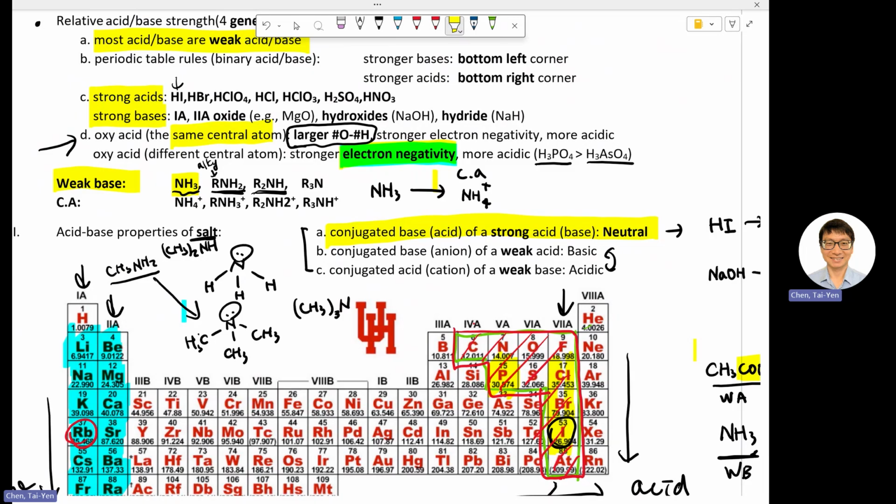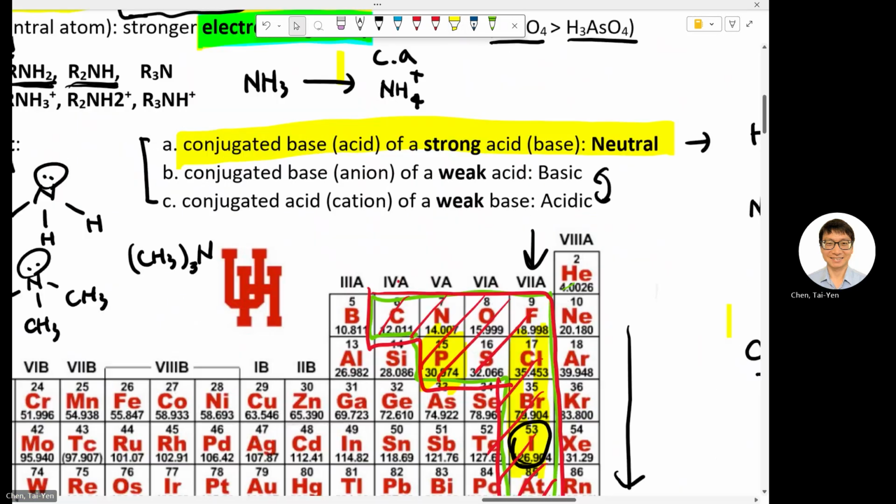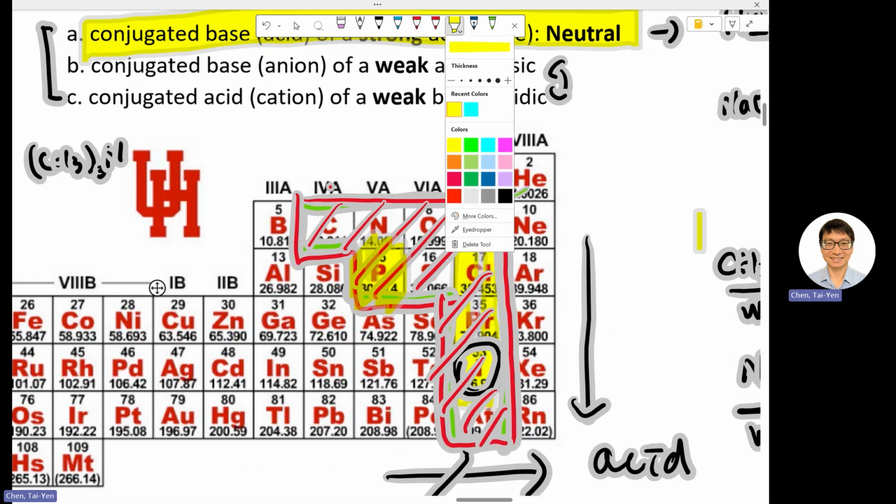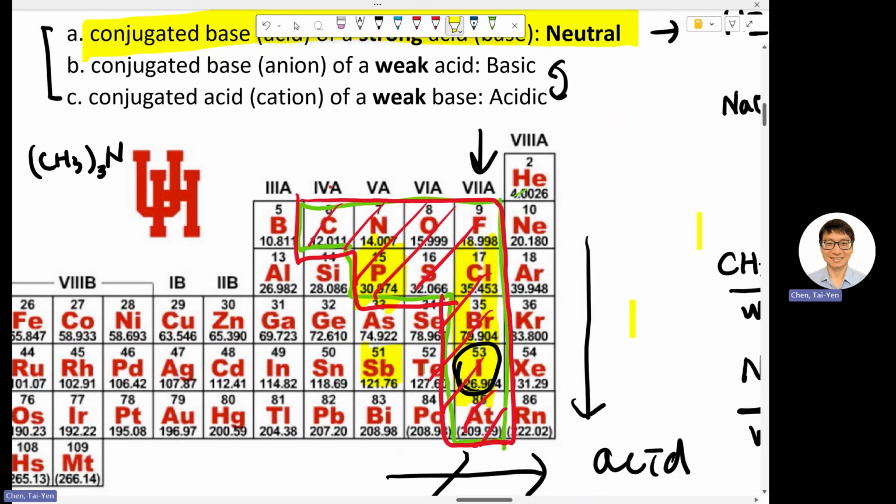The one that gives you a larger number will be the stronger one. Unfortunately, you don't have the same center atom. So in that case, what really matters is electronegativity. You want to go back to this plot, and the things you want to compare are Sb and Te. Which one is stronger? Te, the one that's close to the top right corner will be the stronger one. Apparently your Te is closer to the box. Therefore, the electronegativity will be larger.